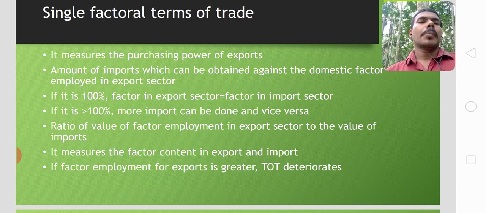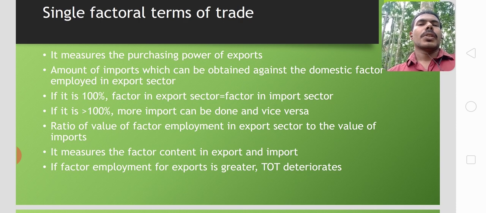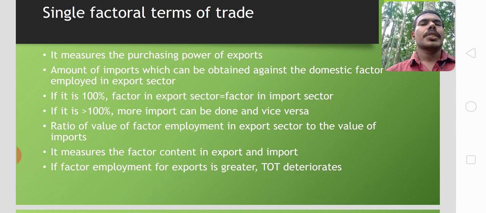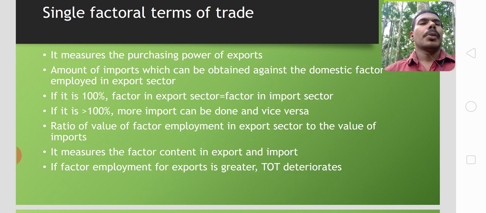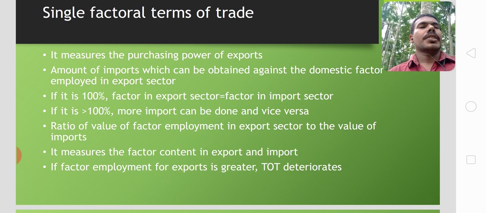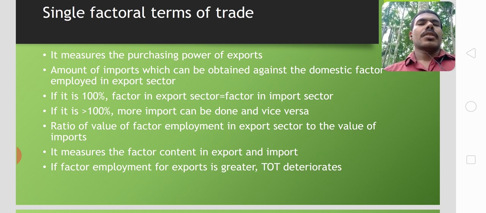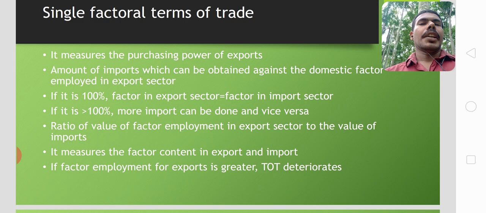Both labor and capital are considered. So it shows the productivity of factors employed in the whole export sector of a nation.